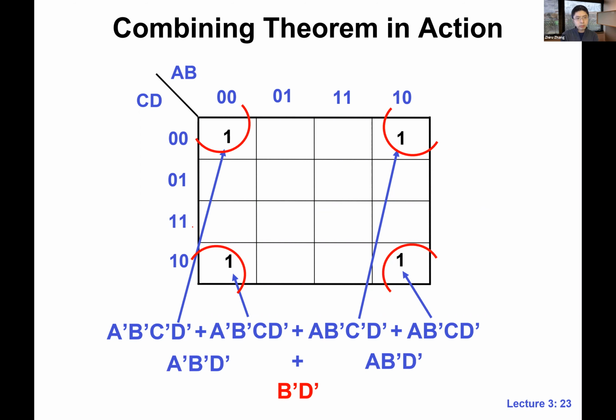The reason I expand this combining is just to show you that when we actually circle 4 things and apply Boolean algebra, when we apply these Boolean theorems, we actually go through these steps. But for the Karnaugh map, you don't need to worry about the steps. You can directly derive the final term.